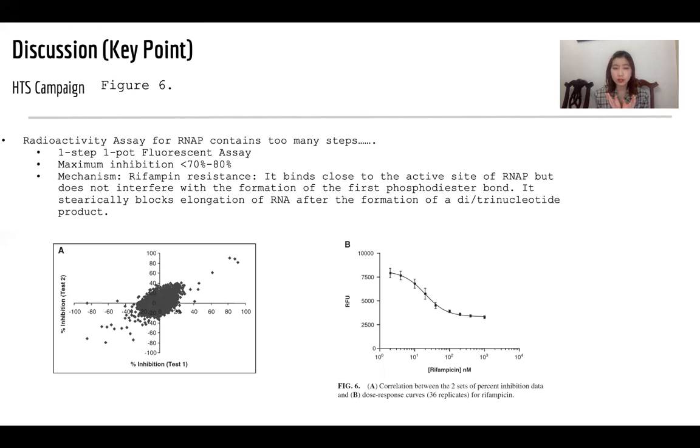So even though it directly blocks the elongation of the RNA, the RNAP already synthesizes 2 or 3 nucleotides before the transcription stops. So you can also see in figure 6B that with increasing rifampin the fluorescence activity decreases, but there's still fluorescence activity.